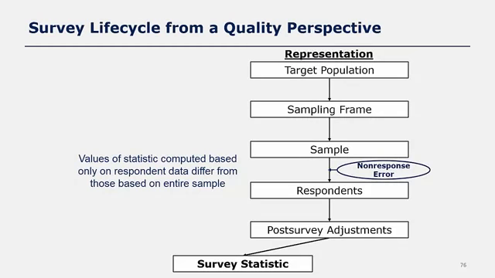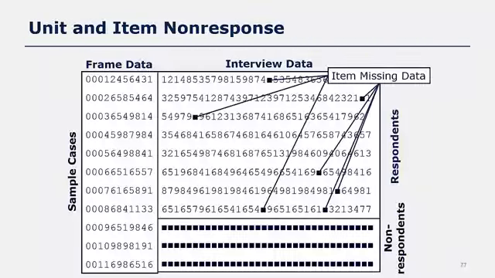Non-response error is then the step between sampling and respondent. The values of the statistic that can be computed are based on the respondent data, and that can differ from the entire sample if we have missing data. Missing data can come in 2 forms. We can either miss entire units, non-respondents. If you think of this picture here as our entire set of sampling cases, in each row you have the values for each individual on a particular item.